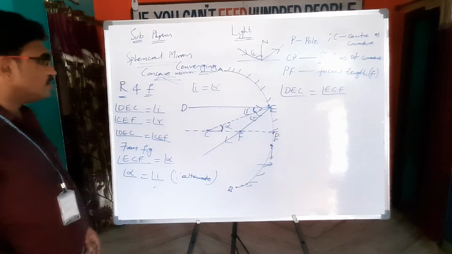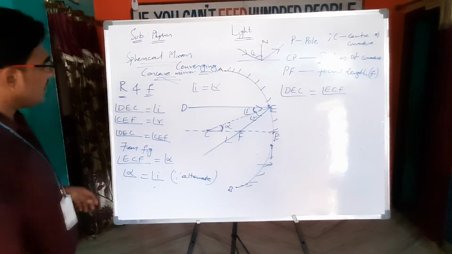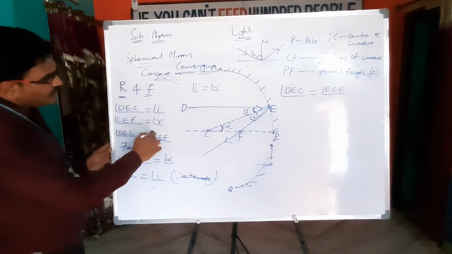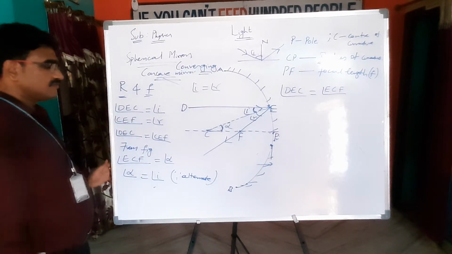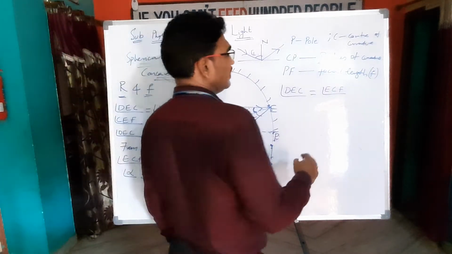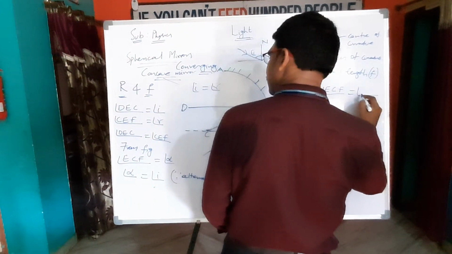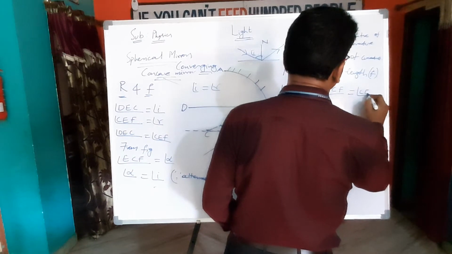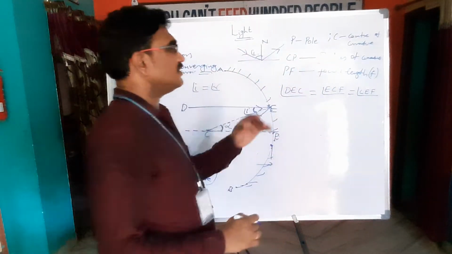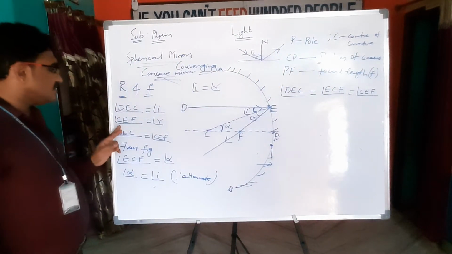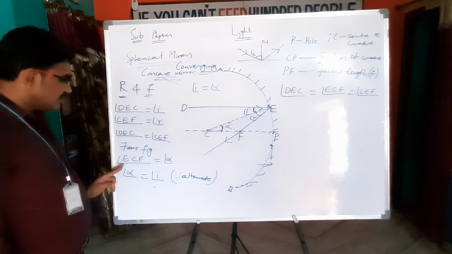Because alpha is equal to I, and similarly angle DEC is equal to CEF. So now you see angle DEC is equal to CEF and angle DEC is equal to ECF.